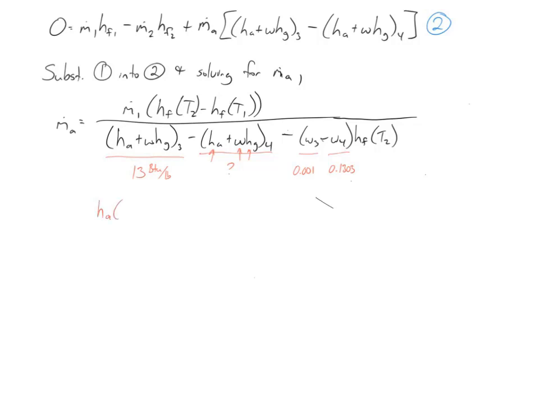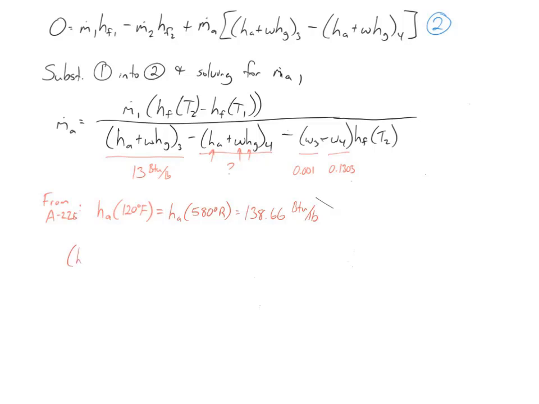So the enthalpy of air at state 4, where we have 120 degrees Fahrenheit for the temperature, at 580 Rankine, because those tables are in Rankine, comes out to be 138.66 BTUs per pound.